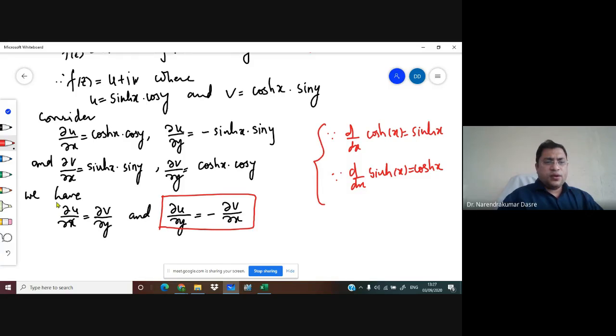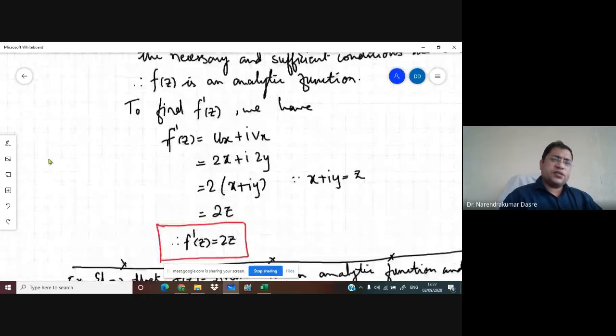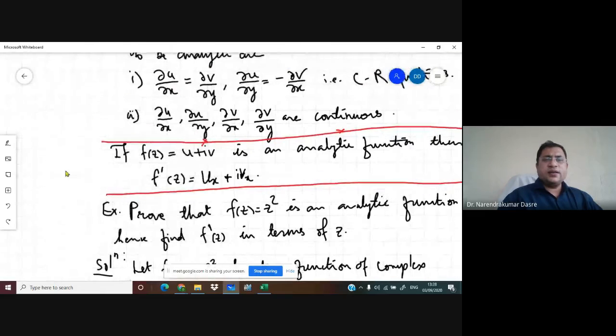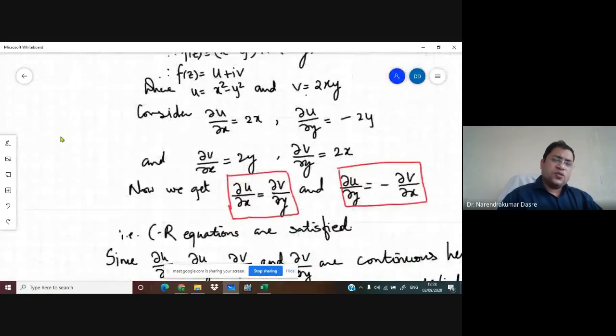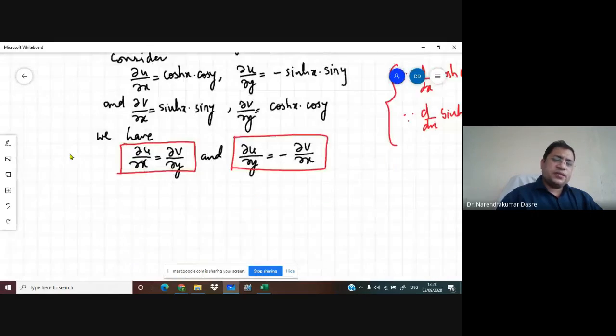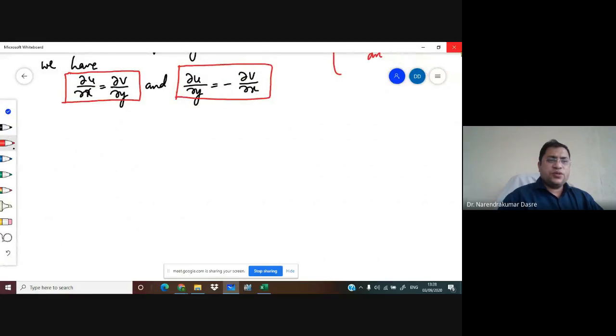So here we got these two equations, and as you can see, these are nothing but the CR equations. These are exactly the CR equations we got, and hence we can say that the CR equations are satisfied.